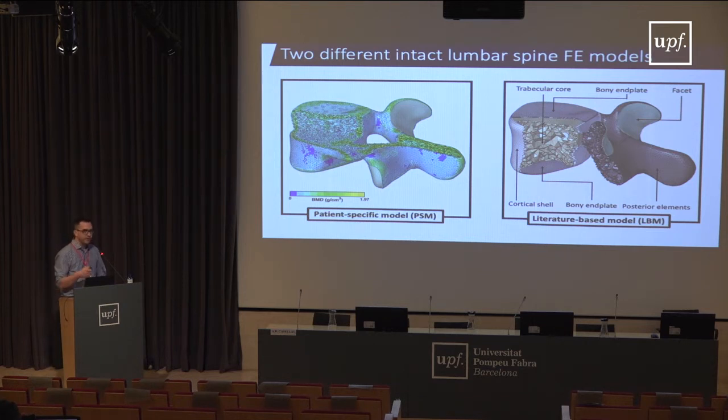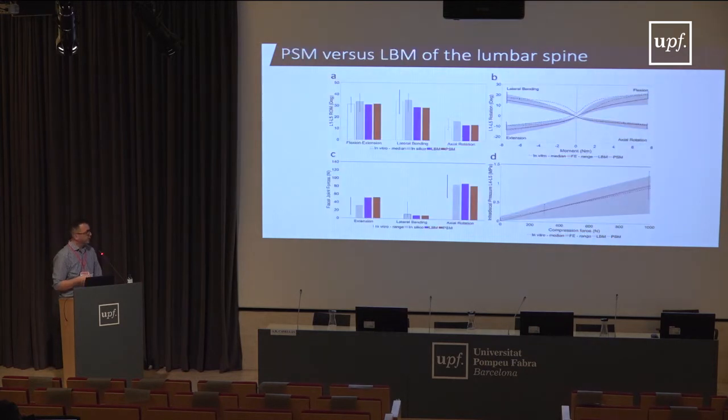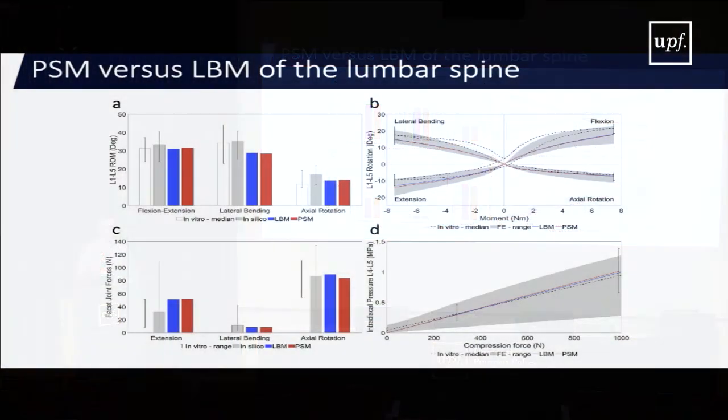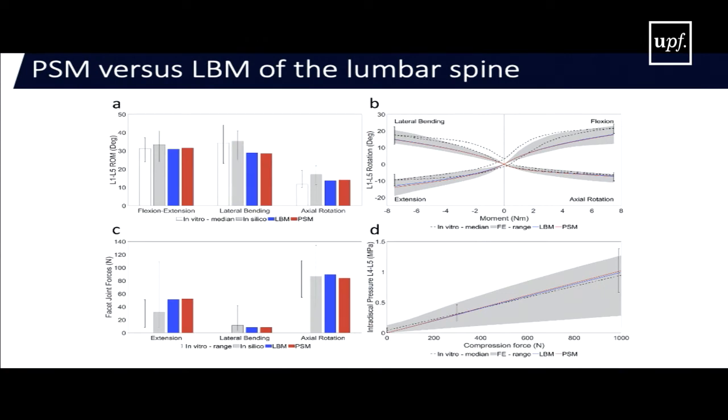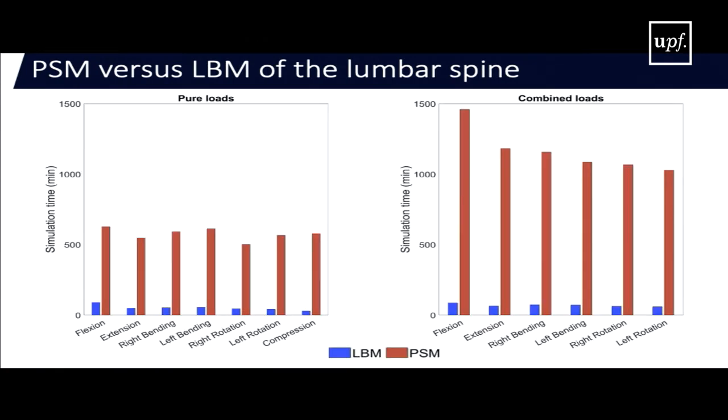And comparing after that, the simulation results showed that actually in the range of motion or in the forces, there are no real differences between the two models. But the computational time is really different.